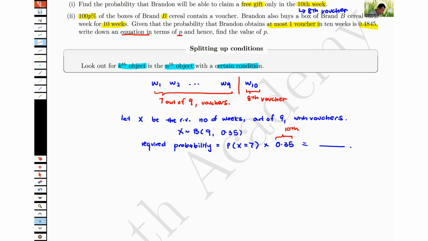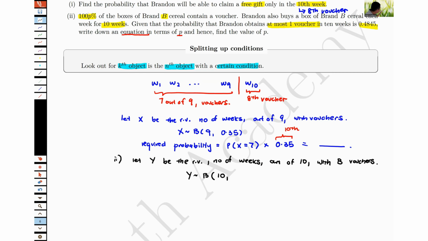So to start the problem, we will have to define first because it's for a different brand and a different probability. So now let's define maybe for y, let y be the random variable, number of weeks, this time it's out of 10, with B vouchers, which is your brand B. Part 1 was brand A. Hence, my y follows binomial, 10 weeks.